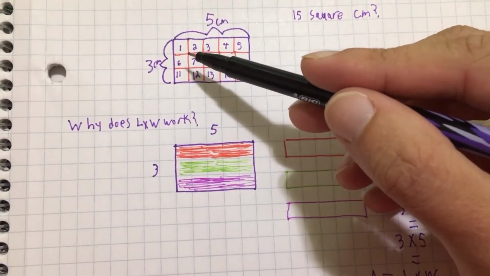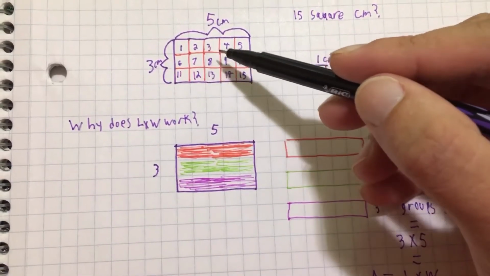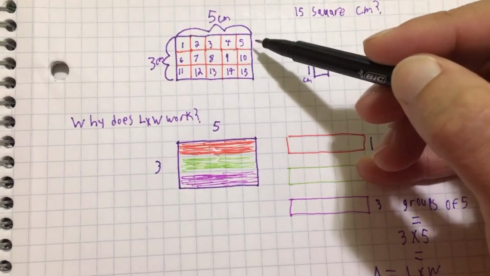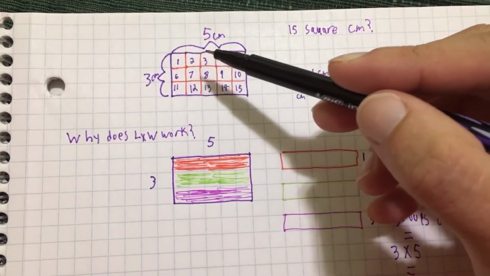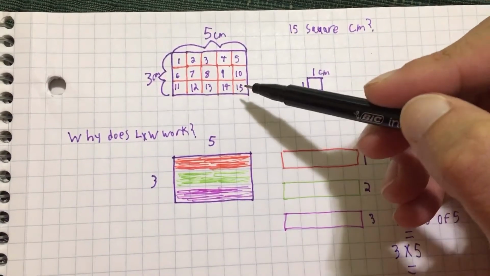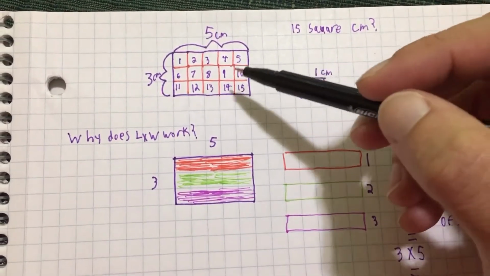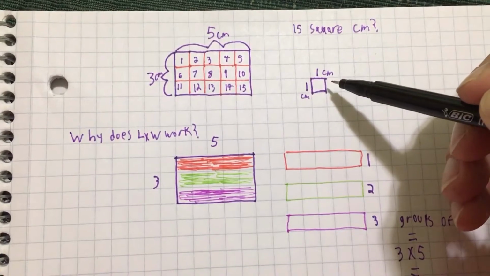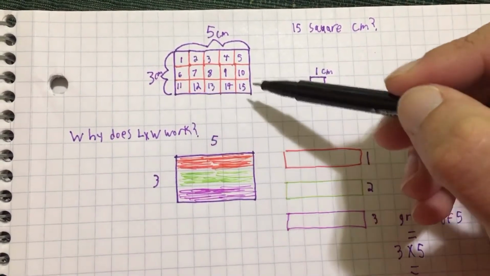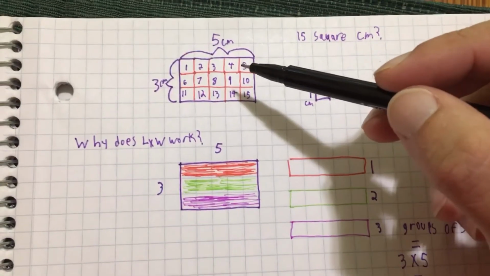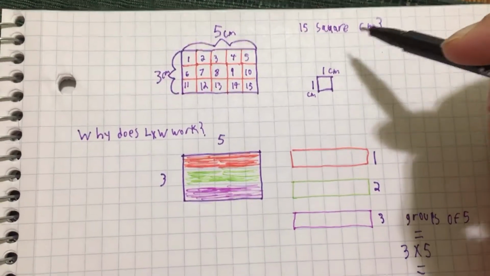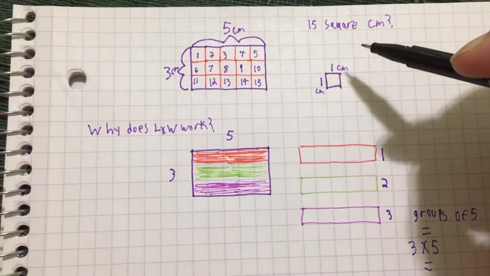Now I went ahead and divided so you could easily see each individual square centimeter within this rectangle. And I even labeled it 1, 2, 3, 4, 5, counted all the way up until 15. We can easily see here there are 15 square centimeters within the area of this rectangle. You can see there is no extra and nothing is missing. That is what it means when we say 15 square centimeters is the area.